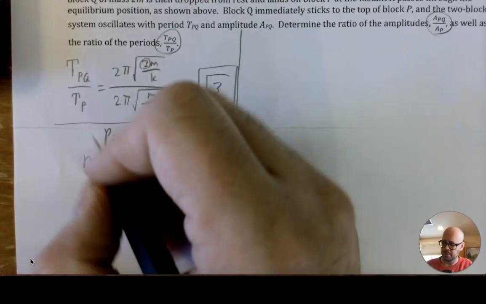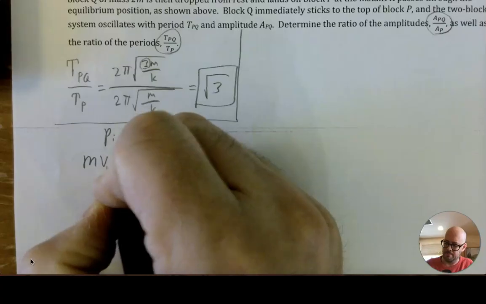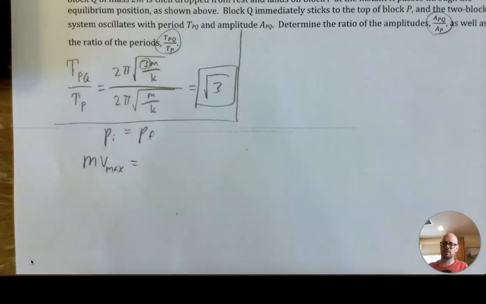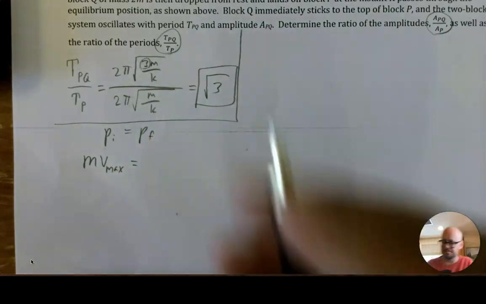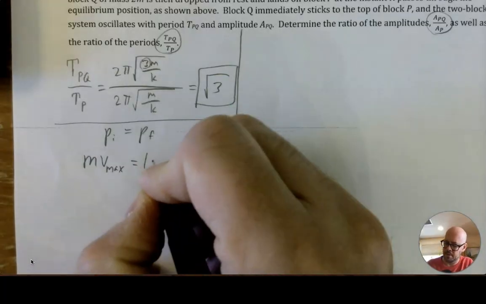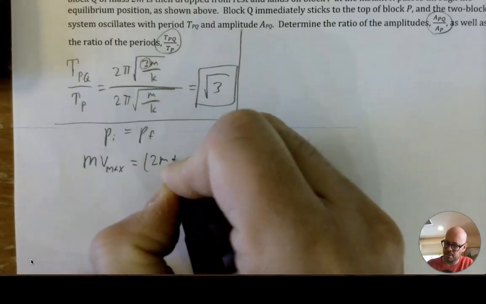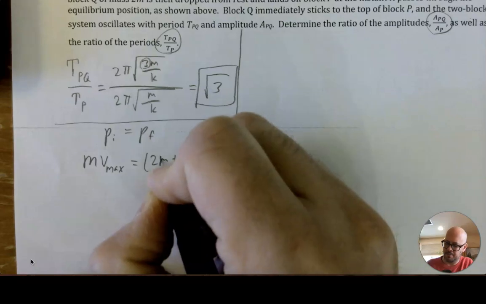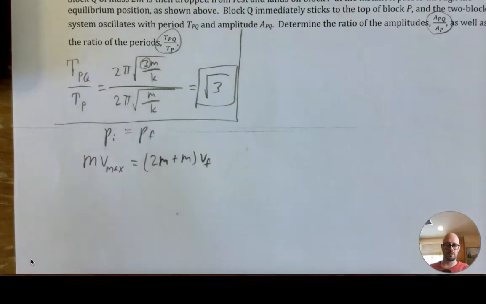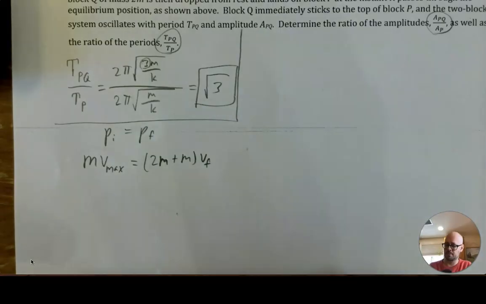At equilibrium, it is moving at the maximum velocity possible for that system. When that collision happens, a block of 2m collides with the block of m, and they have some final velocity. I can use this to keep track of the new maximum velocity of that system.